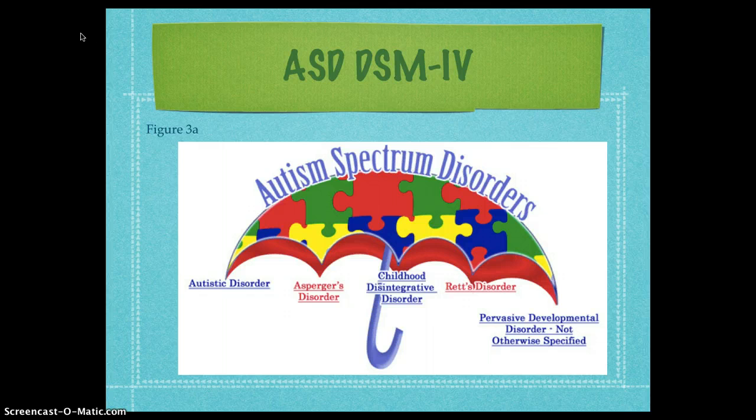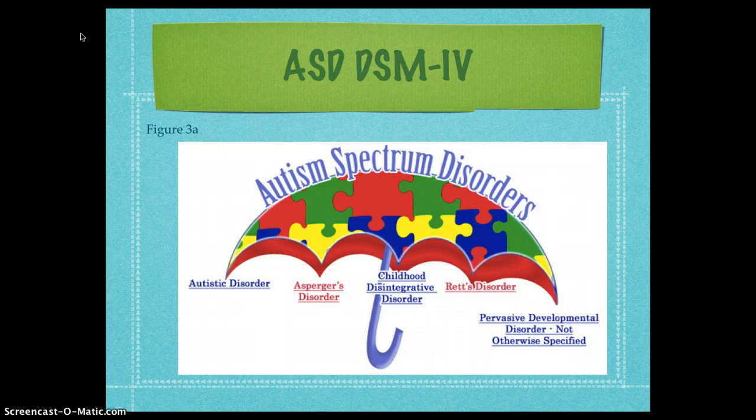So here's that umbrella I was discussing. We have our broad term autism spectrum disorder. That's the entire umbrella. And then we have the 5 disorders that fall under autism spectrum disorder. We have autistic disorder, Asperger's disorder, childhood disintegrative disorder, Rett's disorder, and pervasive developmental disorder.